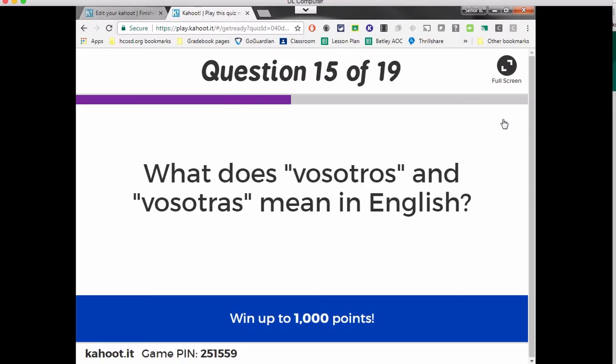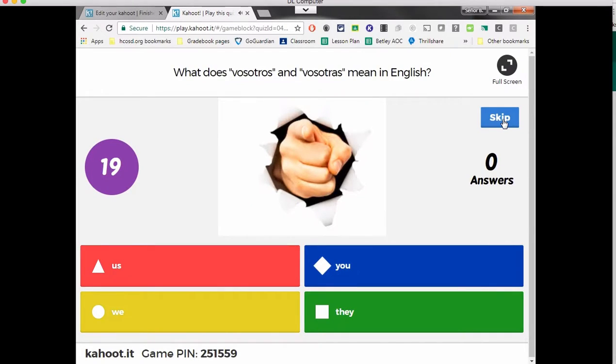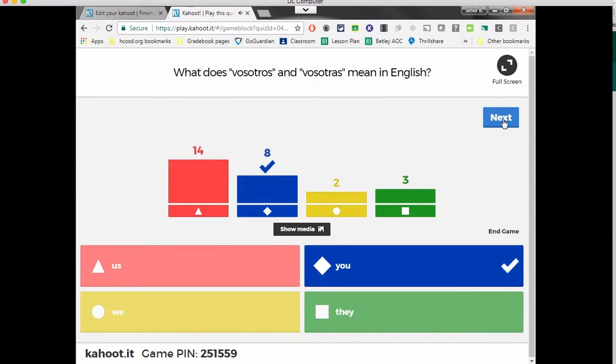What about the difference between vosotros and vosotras? Oh, well, what do they mean? First of all, what does vosotros and vosotras mean? Okay, this word, hey, pay close attention because this word tricks you guys up all year round.